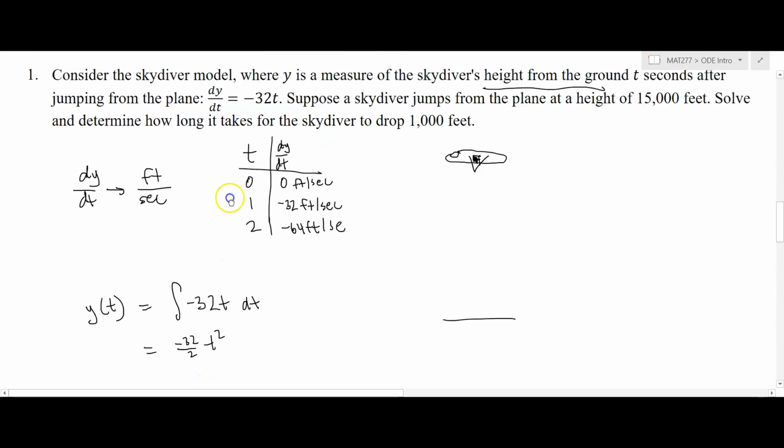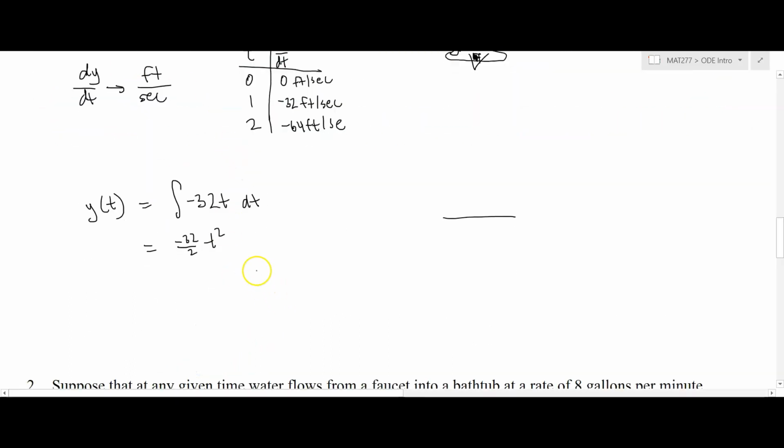That's going to give me my function, but wait a minute, when I took the derivative of this quadratic function, there could have been an arbitrary constant attached to it. Right? We have to say, when I take the derivative of my y function, do I end up with negative 32t? So this one gives me negative 16t squared plus c.